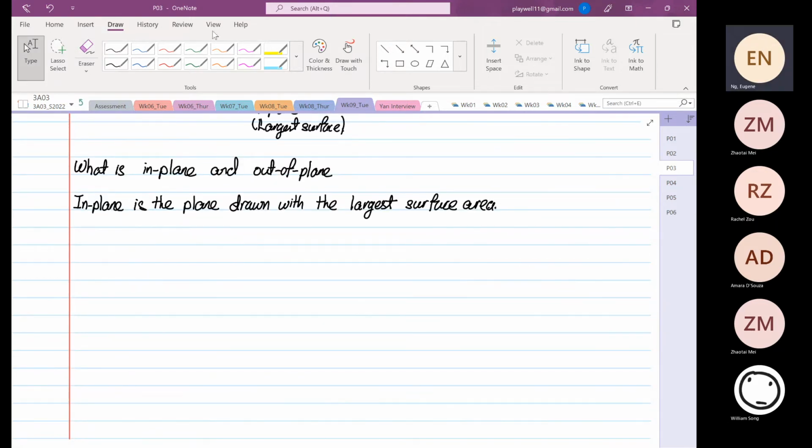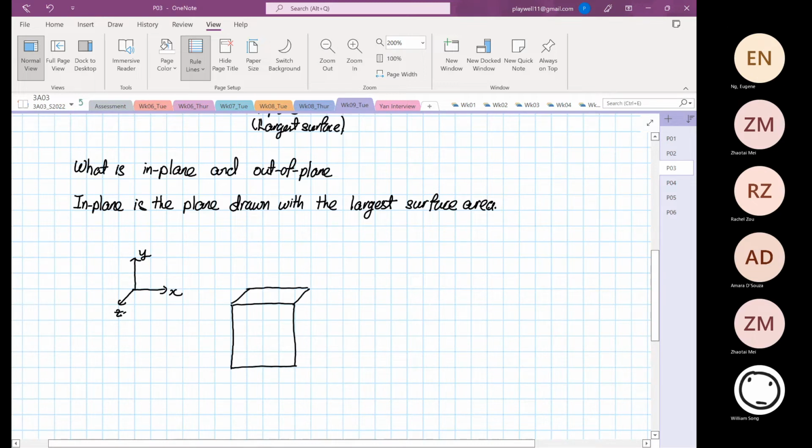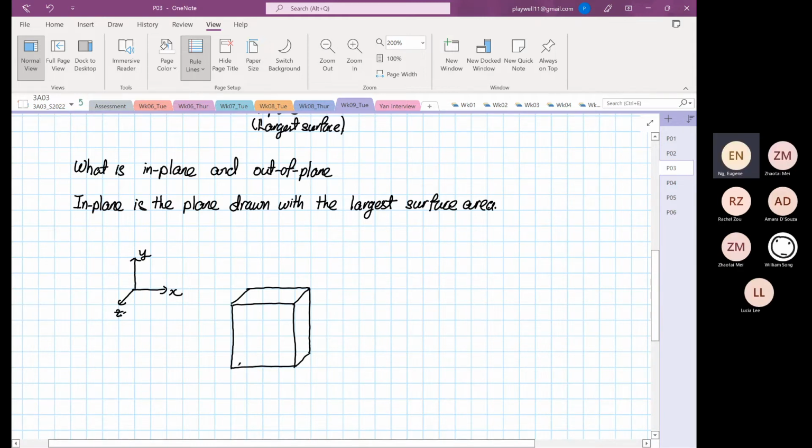So again, I'm going to draw a very similar diagram to what we had before. So this is our X, Y, and over here our Z plane. So we construct the element over here. This first surface over here is our YX plane.